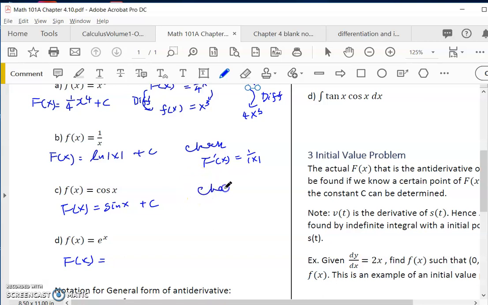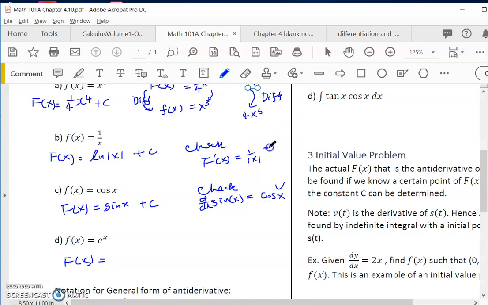When you're doing antiderivative in the beginning, you get a little confused. So what you can do is, if I do d dx of sine x, do I get the original function back? It is cosine x, so it is okay.